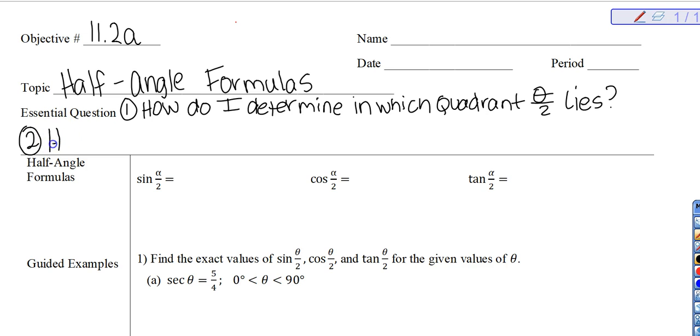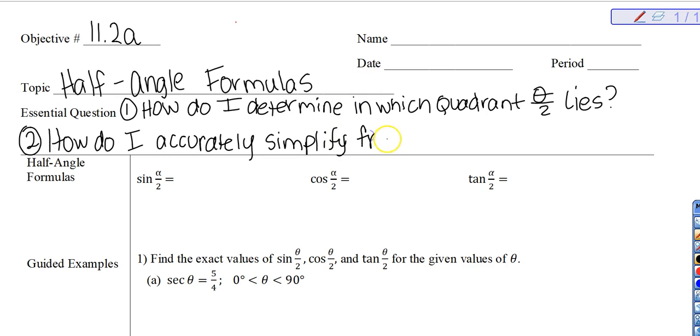How do I accurately simplify fractions with radicals? Sometimes they'll be complex. Sometimes there'll be a radical underneath another radical.